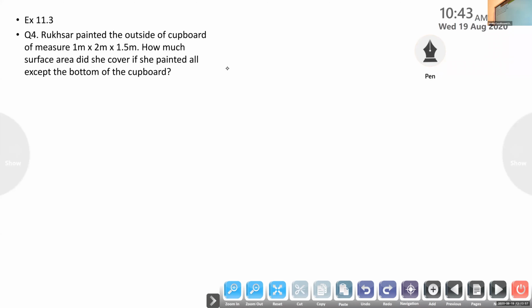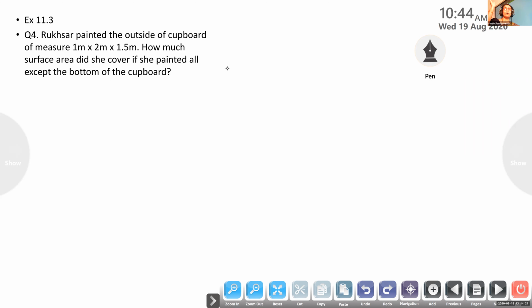Ruxar painted the outside of a cupboard. Cupboards are in the shape of a, Dion, what is the shape of cupboards? Cuboid. Okay, good. So we are painting that cuboidal box.